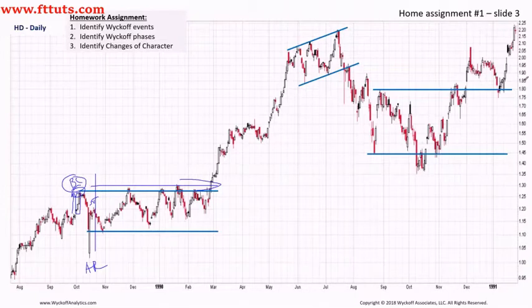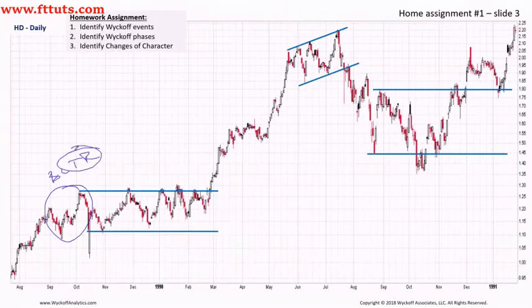The alternative labeling could be this whole area being a buying climax trading range. I would understand that, so that's fine as well. The conventional would probably be preliminary supply, buying climax, and then look what happens next.